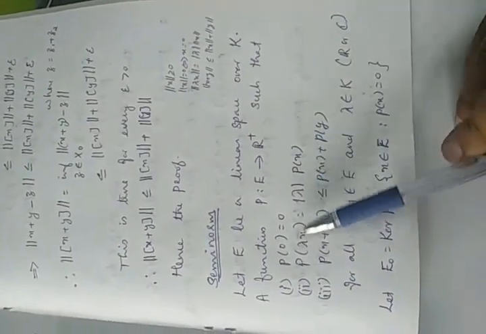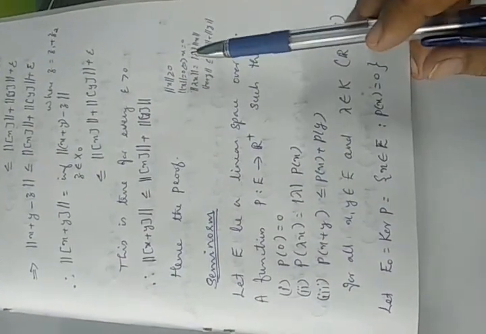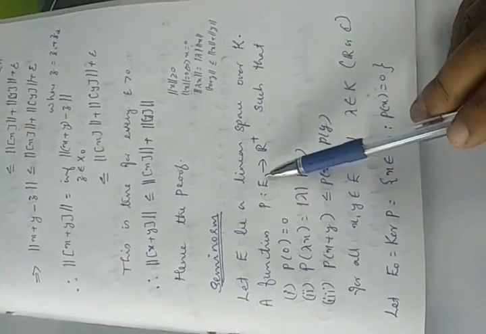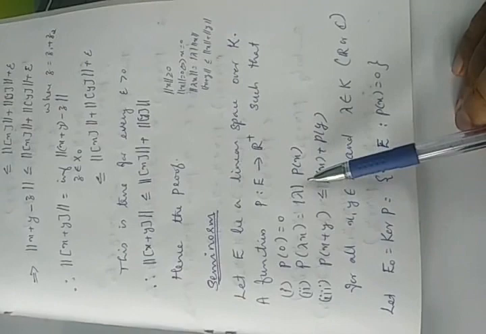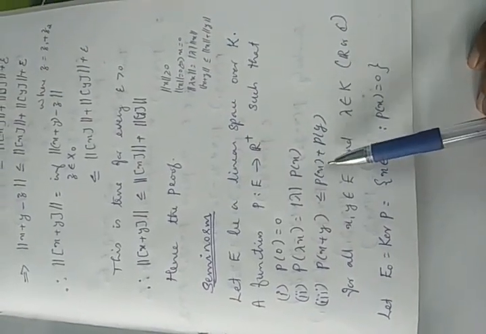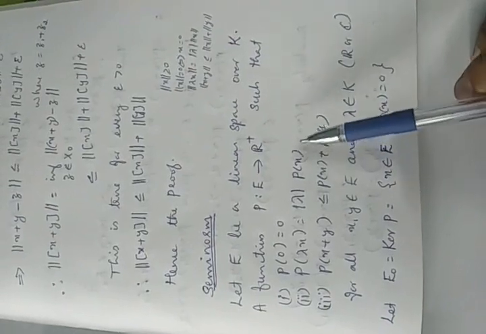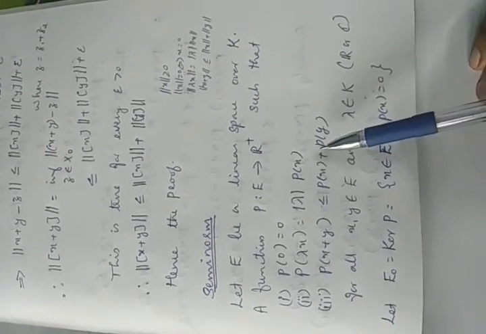Now we define P of 0 is equal to 0. That is, x equal to 0 implies norm x equal to 0. That is also satisfied here. And P of lambda x is equal to mod lambda into P of x. P of x plus y is less than or equal to P of x plus P of y. So here P satisfies the conditions for scalar multiplication and vector addition.